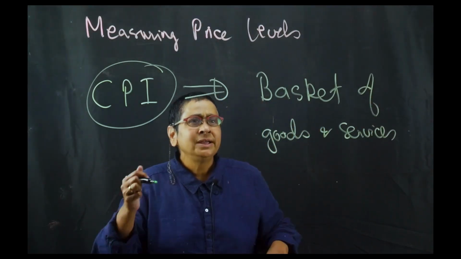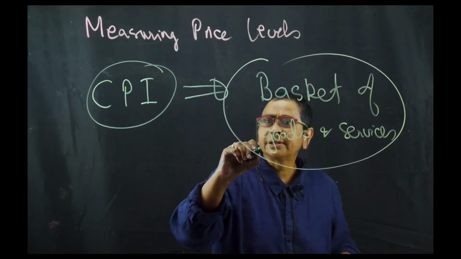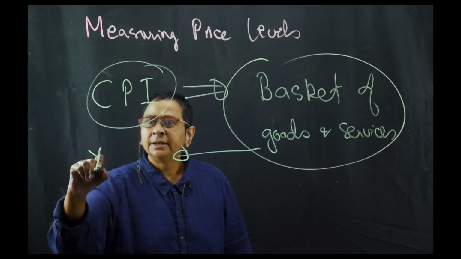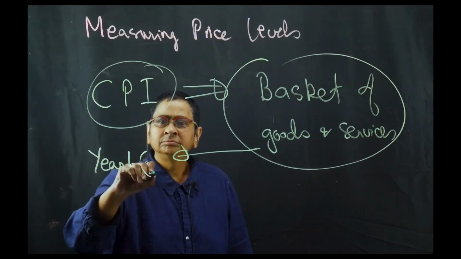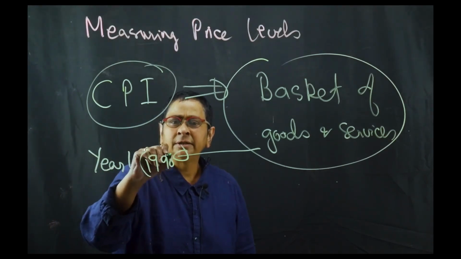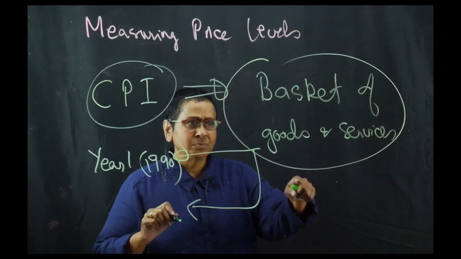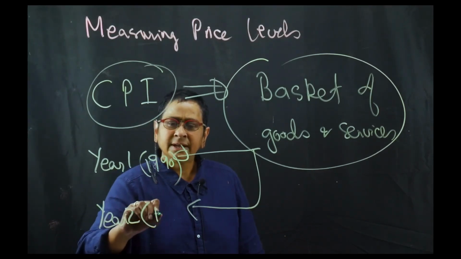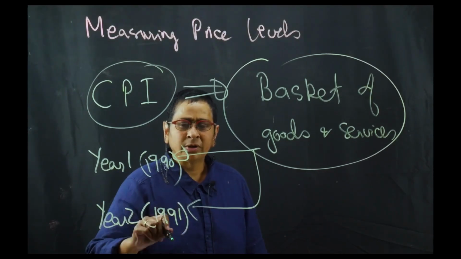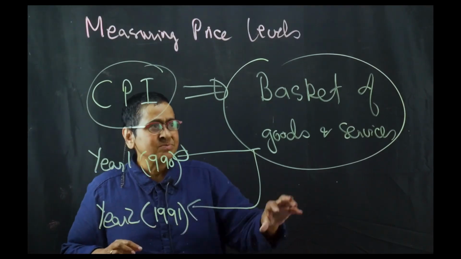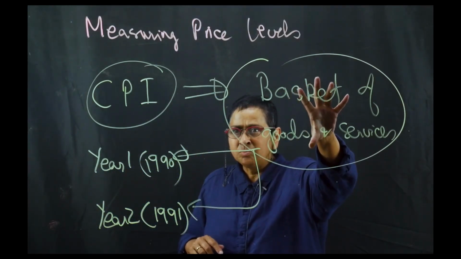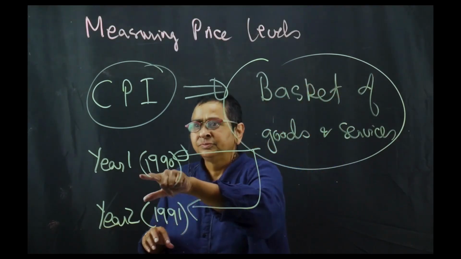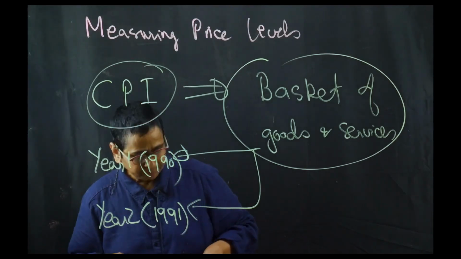And what I do is I take this representative basket and then I ask, how much did it cost me to buy it in year 1, say 1990. Then how much did it cost me to buy the same basket in year 2, say 1991, and so on. So what I'm doing is I'm taking a standard basket and looking at how much it costs me to buy this basket of commodities in year 1, year 2, year 3, and so on.